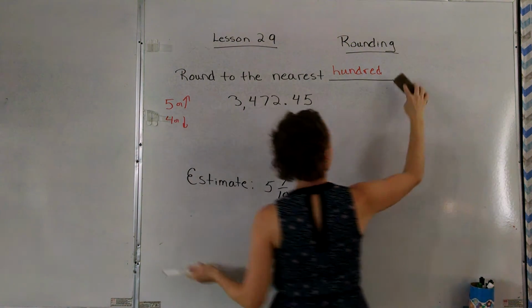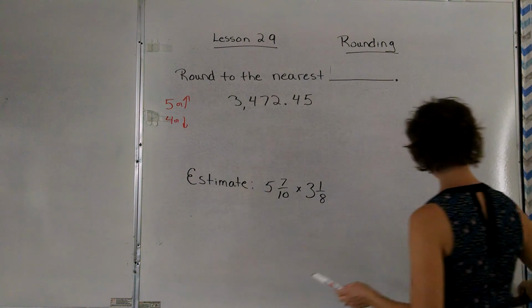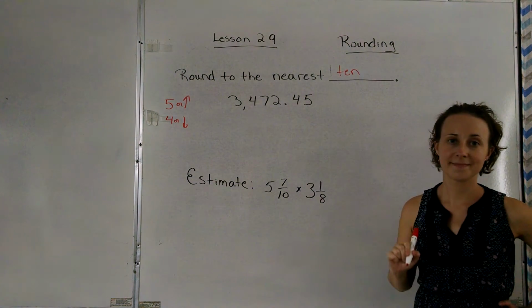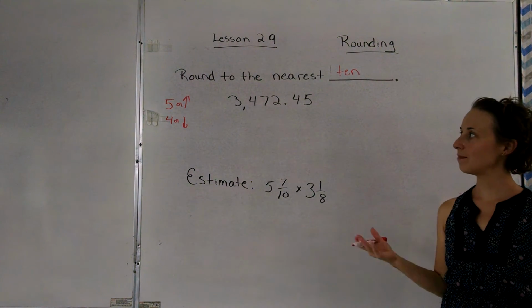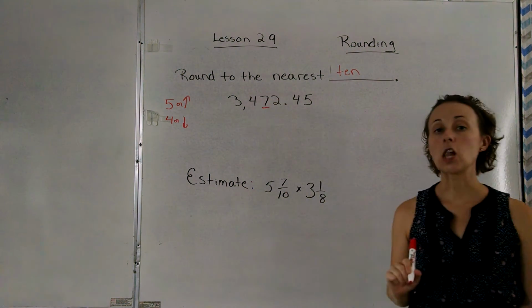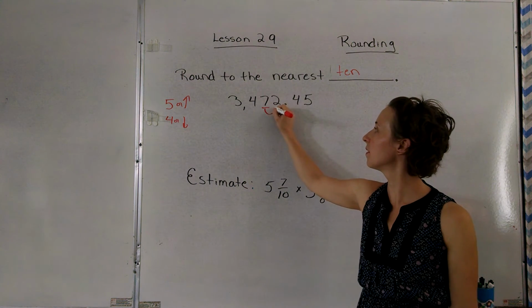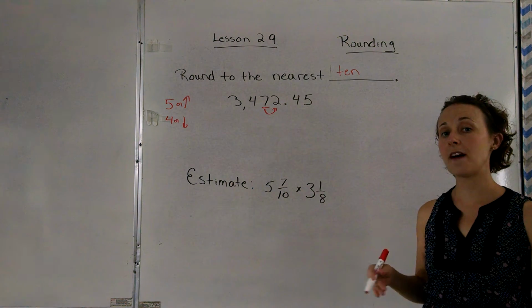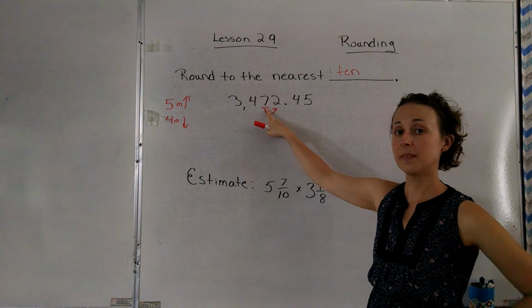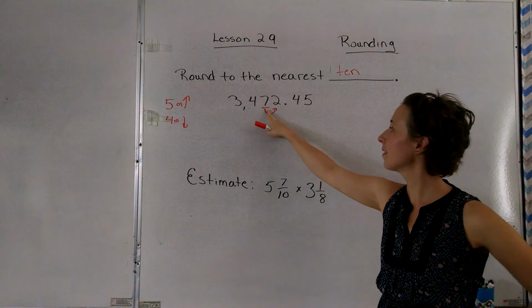What if instead it said to round to the nearest 10? We can do that. Find your tens place, underline it. Look at the number to the right. Is the number to the right 5 or higher? If so, it'll make the tens place go up. If not, it won't.